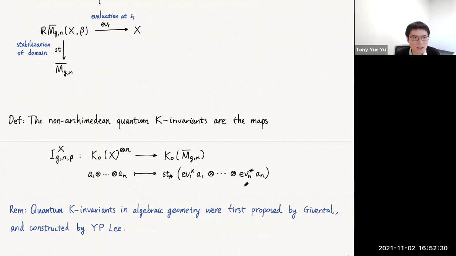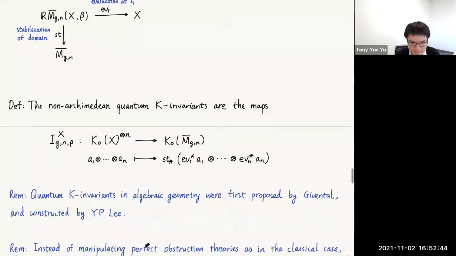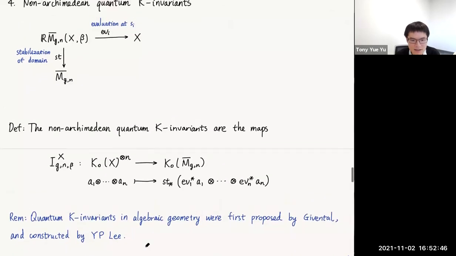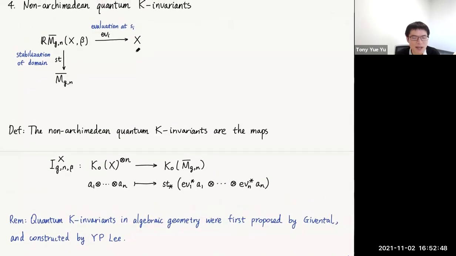But here we are working directly at the level of derived geometry, and all the maps start from the derived moduli space. So we no longer need this virtual structure sheaf. And this not only simplifies the construction, the definition, but also simplifies the proofs for the properties of these invariants.